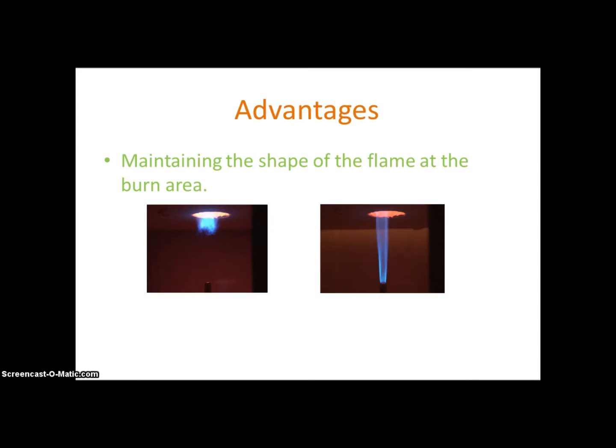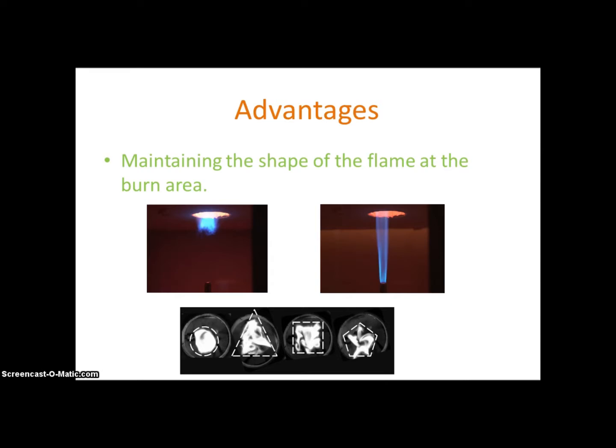When they use the system, the flame is directed toward the burn area, and to some extent it causes a reduction in pollutants. And the last picture is the uniform shape of the flame after it engaged the ECC technology.